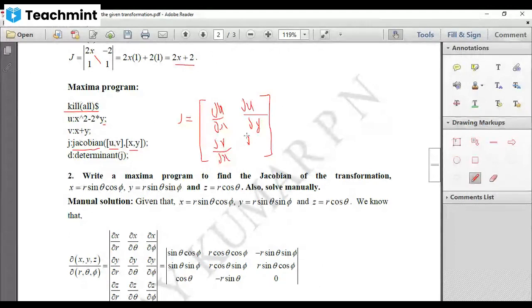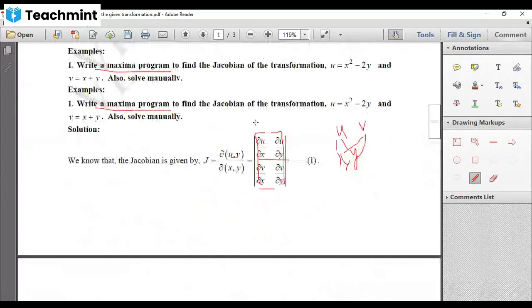That will be stored in J. But we need the Jacobian, that means the determinant. So let us say that one is D. In D, we'll store the determinant of J. You put a semicolon, and that displays. So this gives you the Jacobian of this transformation.